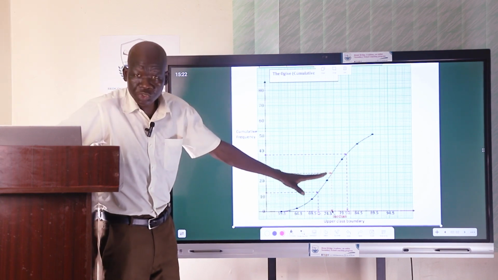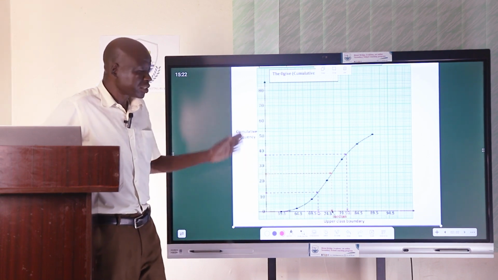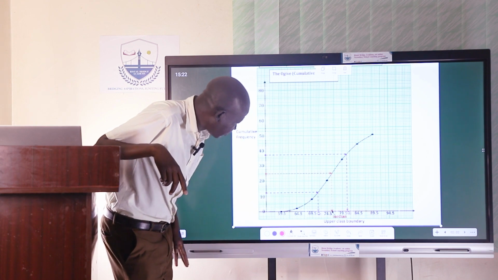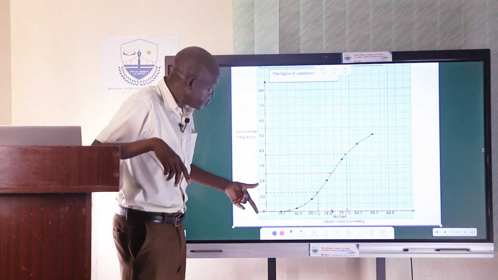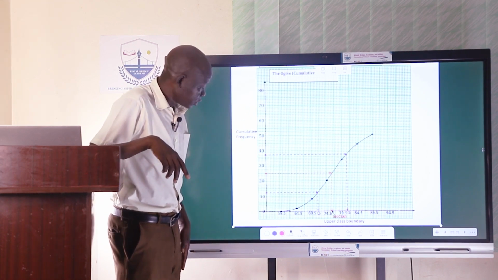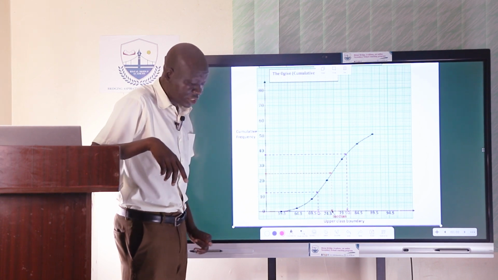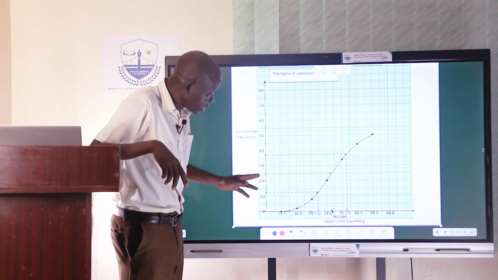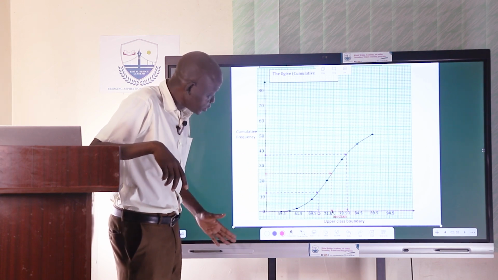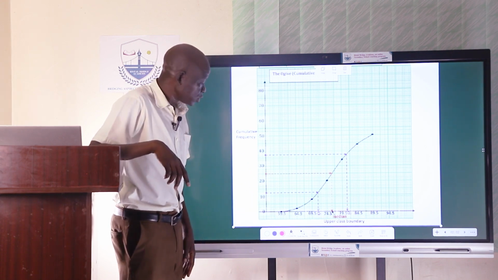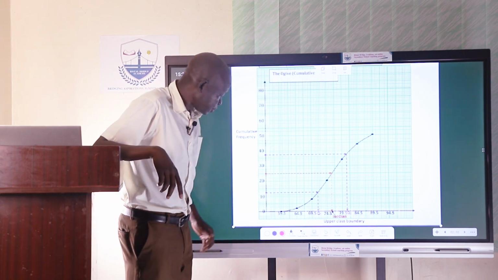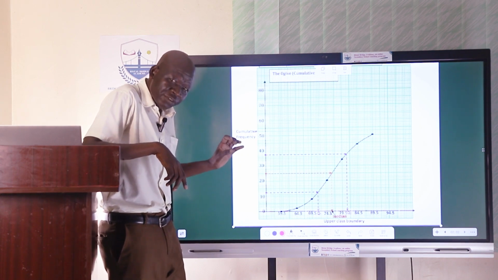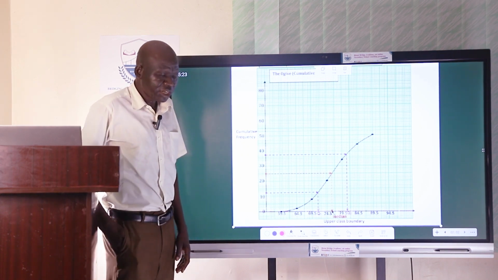That is the horizontal. Coming to the vertical, we find that when we look at the vertical, the range is 10. 20 minus 10, we get 10. And there are 10 divisions between 10 and 20, or 10 divisions between 0 and 10. So, 10 divided by 10, the range divided by the number of small squares there.